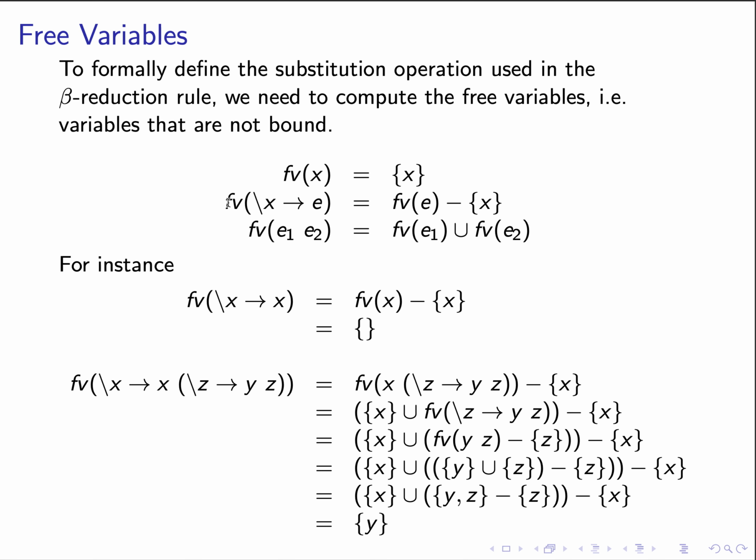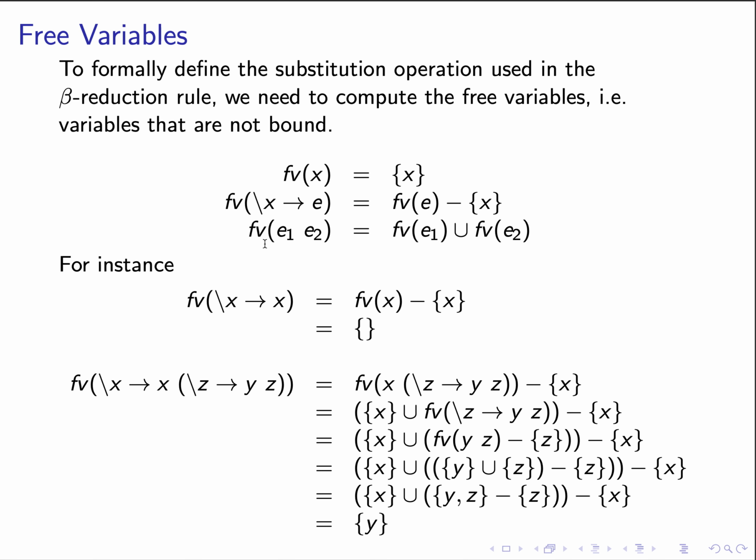If you apply free variable to a lambda abstraction, we first compute the free variable of the function body e, and then remove the variable x, because x was introduced in this lambda abstraction, so x in this context is no longer free because it has already been defined as part of the lambda abstraction.